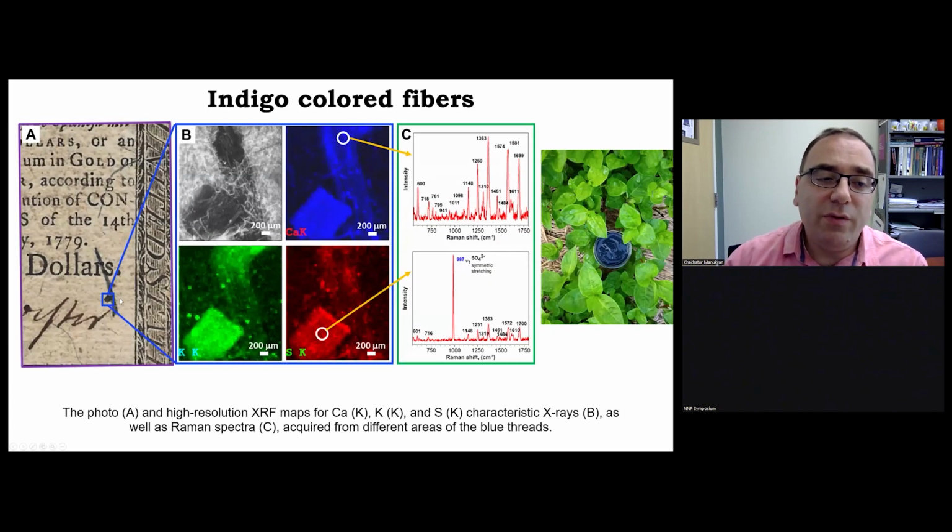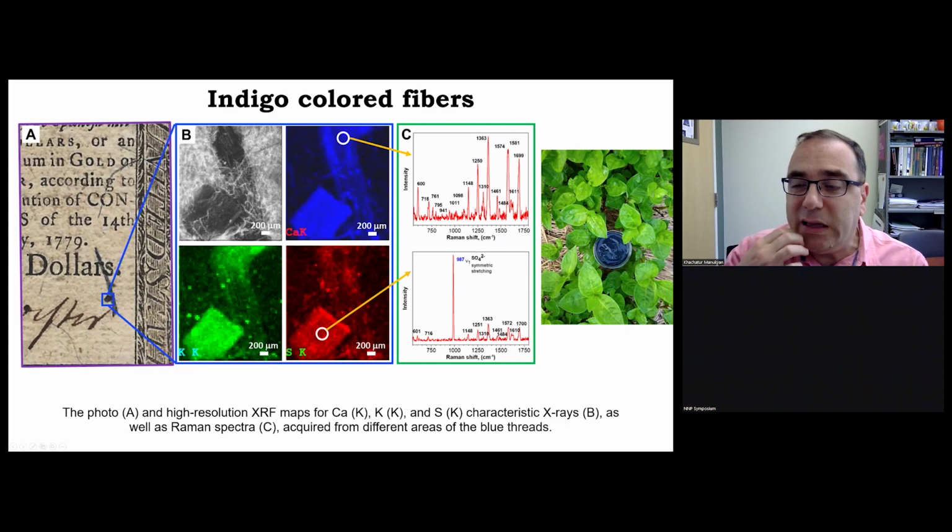We took many of them and analyzed them with techniques called X-ray fluorescence spectroscopy and Raman spectroscopy. It turned out that these fibers, microfibers and threads, this is one of the largest ones sitting here. When we imaged them with these techniques, we found that they contain calcium, potassium, sulfur, and Raman spectroscopy showed that they contain indigo. So this is most likely silk fibers colored with indigo.